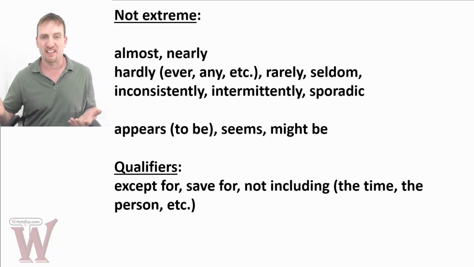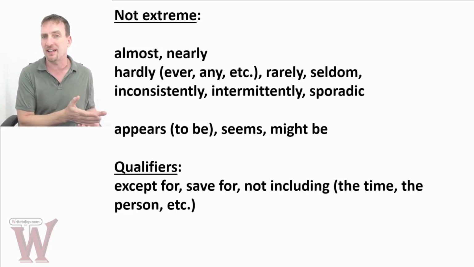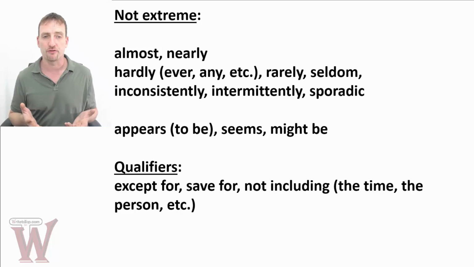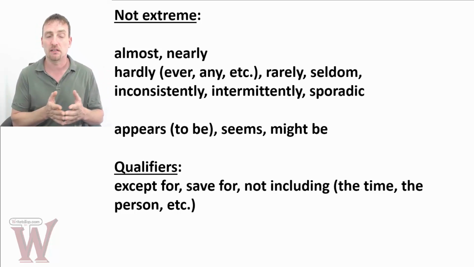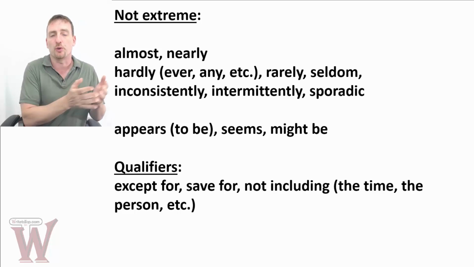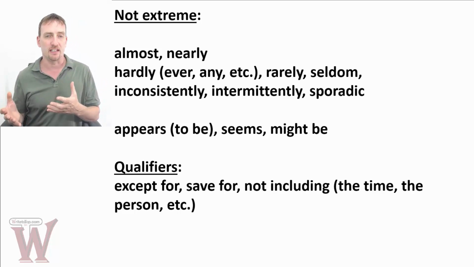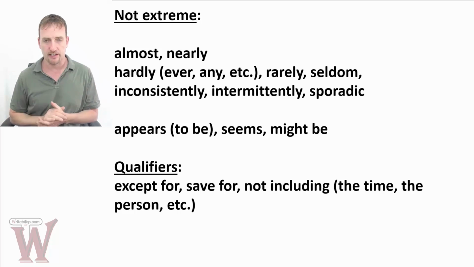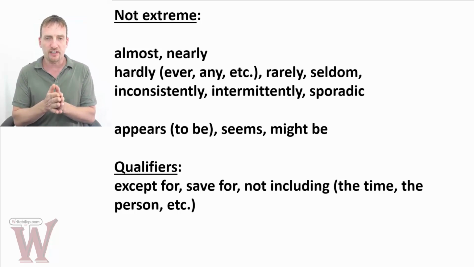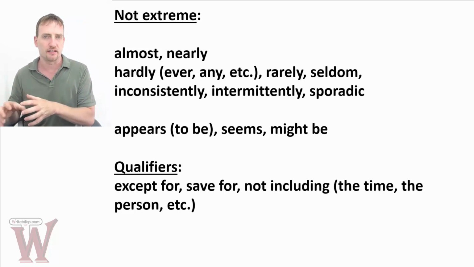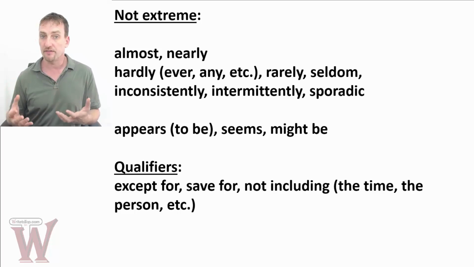No. Maybe 99%, maybe 98, maybe 97, but not 100. Hardly ever does not mean never. It means almost never. Hardly any, hardly anyone, hardly anything. Rarely, seldom, inconsistently, intermittently, sporadic. All of these mean that it's not constant. It's not a constant occurrence of something. You have to pay attention to those.